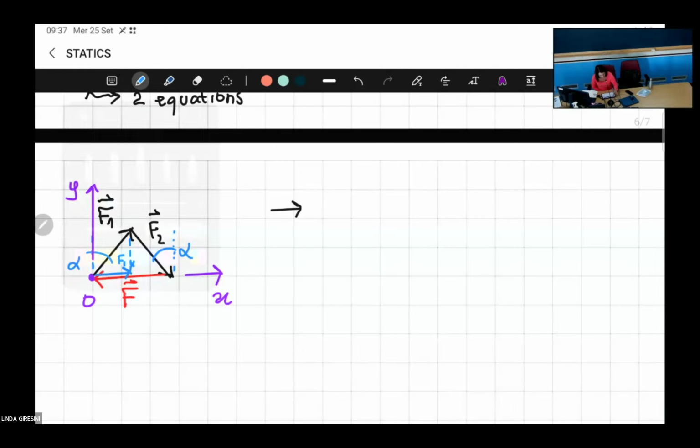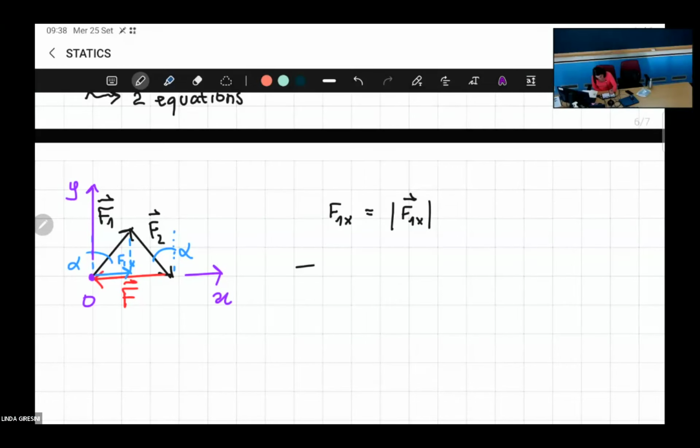Now I don't write the arrows at the top anymore, but they are implicit. F1x is now considered as the magnitude of the vector component. This is like a definition.